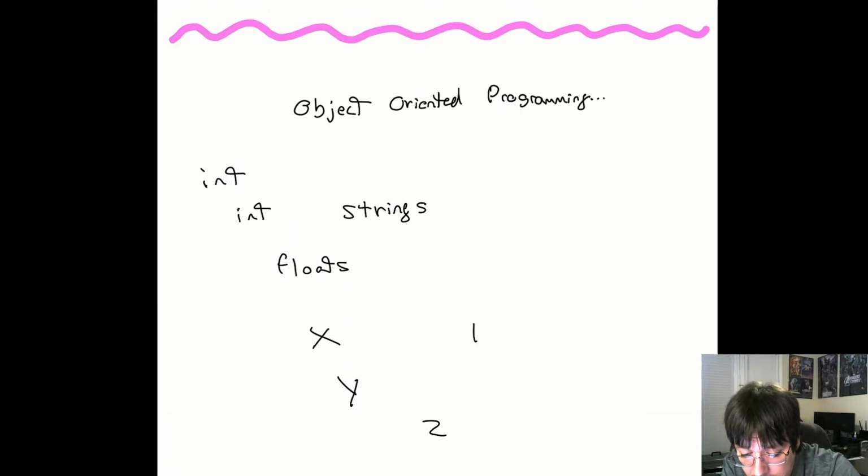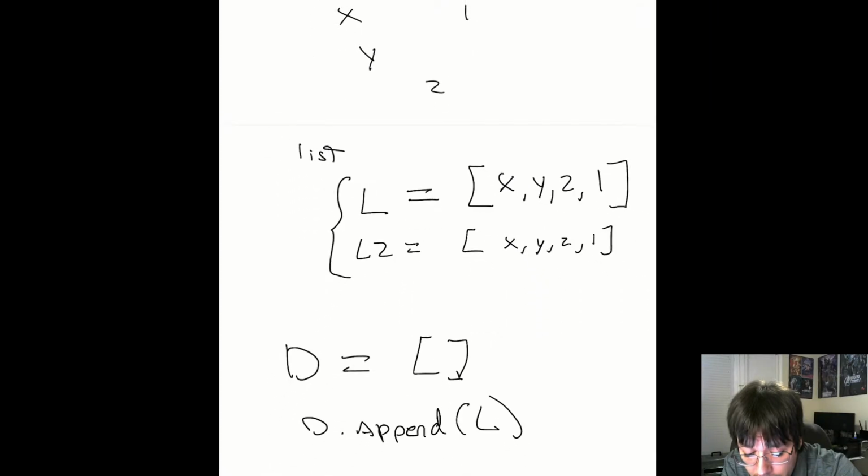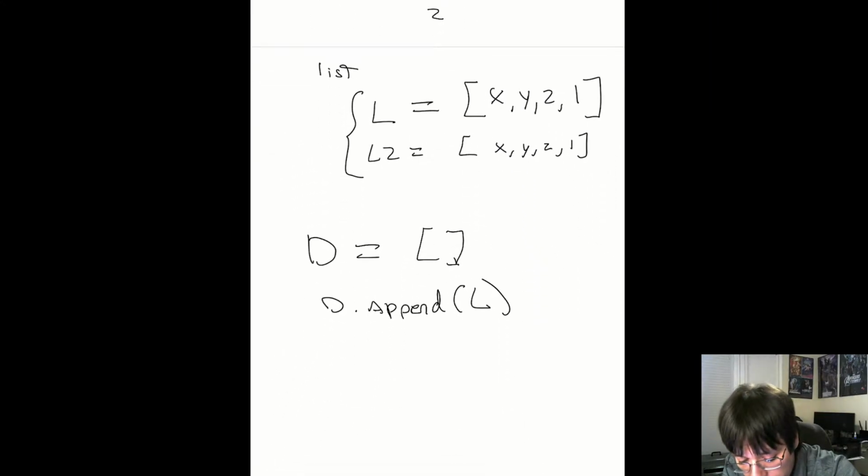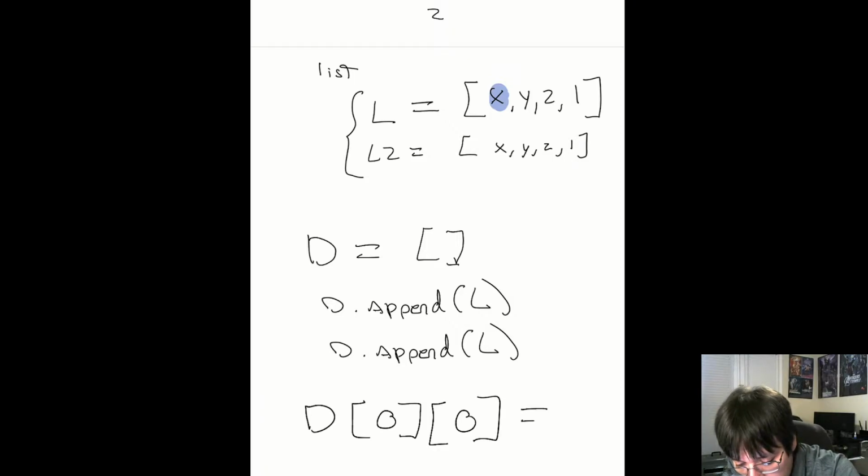However, only you know the ordering of this. Suppose I appended both the L and the L2 in here. If I want to access this value right here, it would look like D index 0, and then index 0, and that is the equivalent of the x.